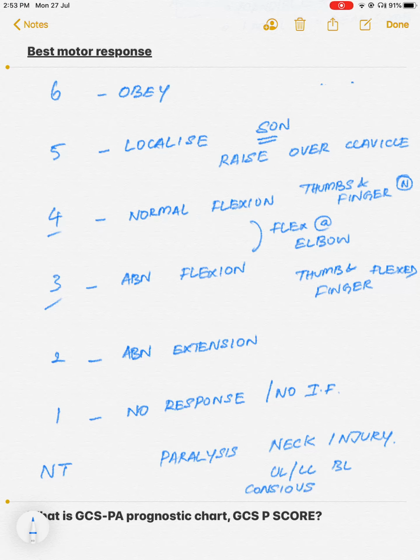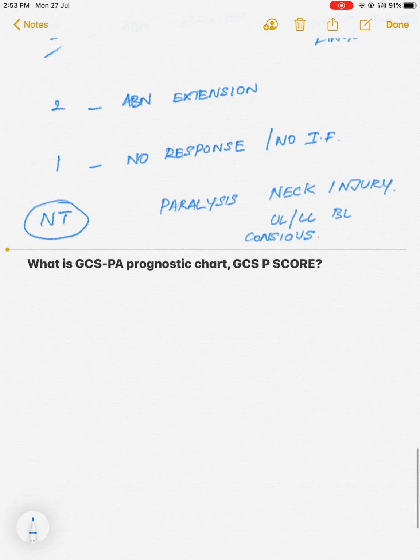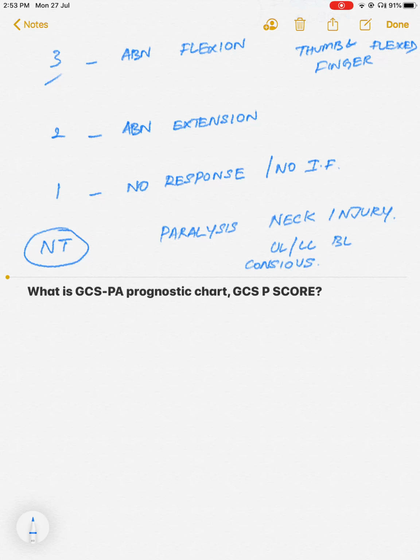In such a situation, we have to mark it as non-testable. So NT is non-testable.